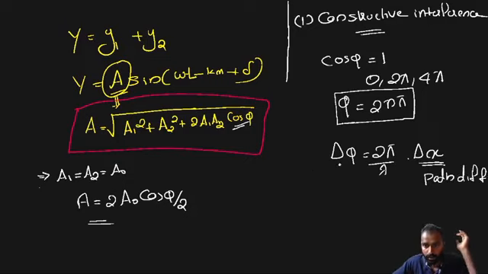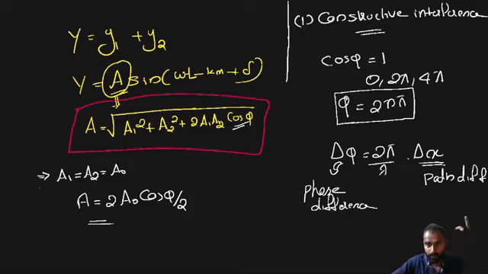This is nothing but the phase difference. So for the path difference for constructive interference, I can write this delta phi, 2n pi, is equal to 2 pi by lambda into delta x.